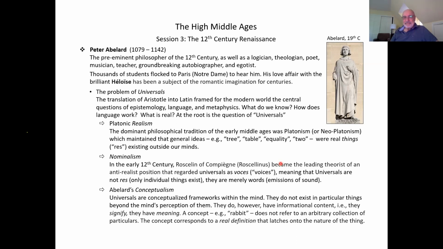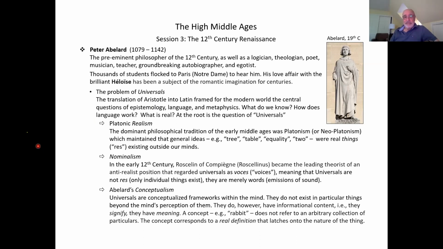And indeed, our conception is an imperfect attempt at seeing what two really is, two-ness, equality in its purest, tree in its purest meaning, etc. So for Plato, these were things. So one possibility in answering the question of universals, as the philosophers at the universities began to argue this, was Plato's thesis of realism.